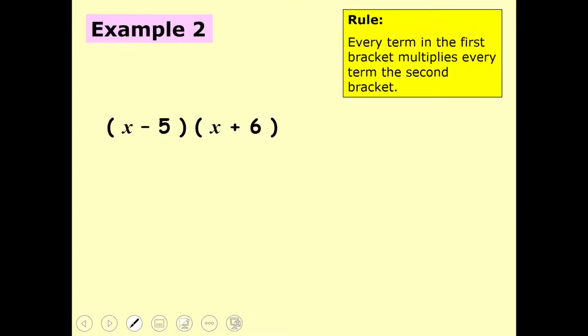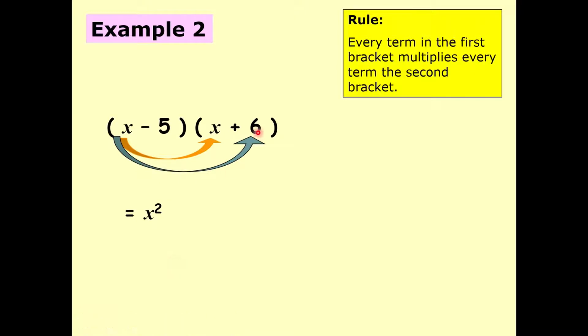Okay, second example. Again, every term in the first bracket must multiply by every term in the second bracket. So if we times our x's together to give us x squared, we're then going to times the x by the last term in the last bracket, so x times 6 gives us plus 6x.